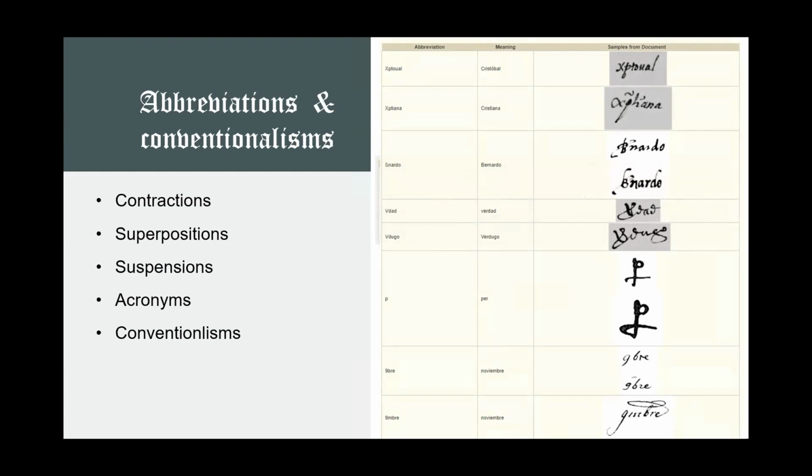And then we also have, if you see the P with a crossbar down the middle, that's actually a Latin abbreviation that we also find in Spanish documents. It fills in the place for the syllable per. So it's also very useful to have a reference list, and that's also available on ScriptSite, because these conventionalisms just have to be learned.